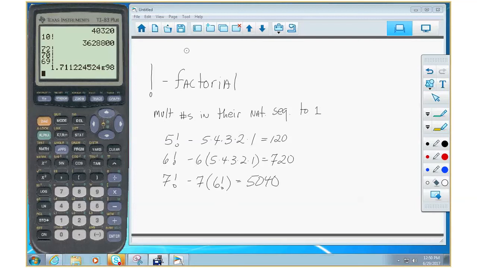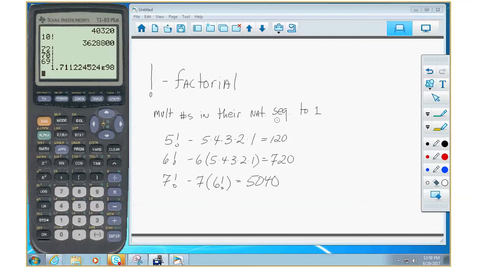That's going to be a big number. Talking about 90 zeros. Which is about how much money Bill Gates has in the bank. Huh? Yep. So that's that. So that's factorial.